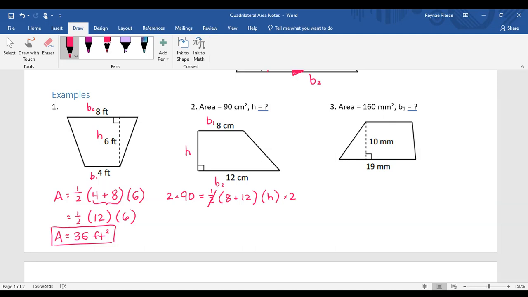That eliminates the 1/2. All right, 2 times 90 is 180. 8 plus 12 is 20 times our height. And to get that height by itself, divide both sides by 20. And my height is 9 centimeters.